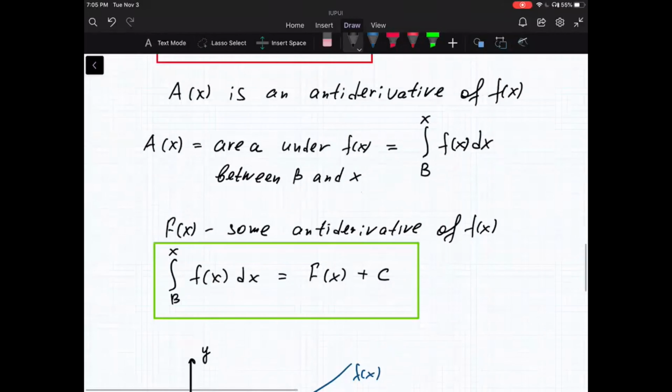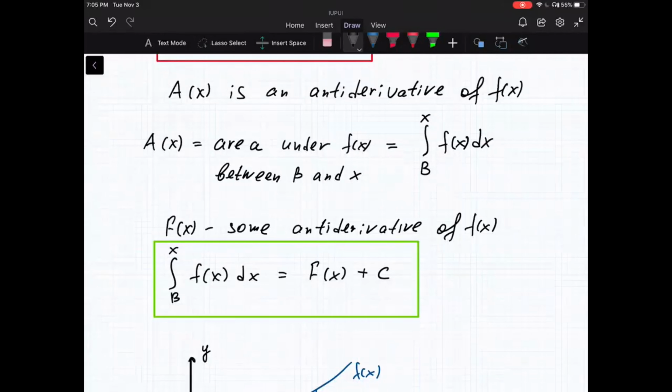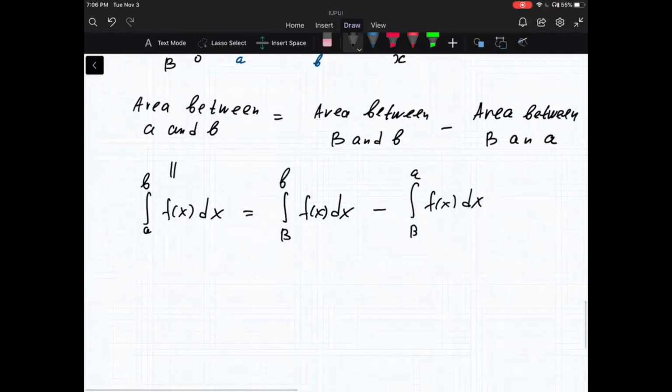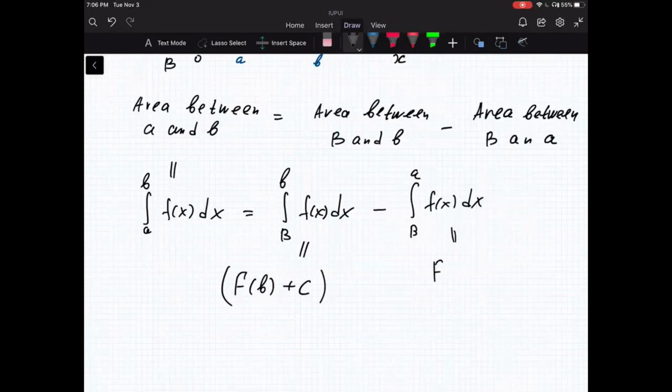But we just calculated that the integral from capital B to some point x is just the value of our antiderivative at that point. So this integral is the same as F at point B plus some constant, while this integral is F at point A plus some constant.